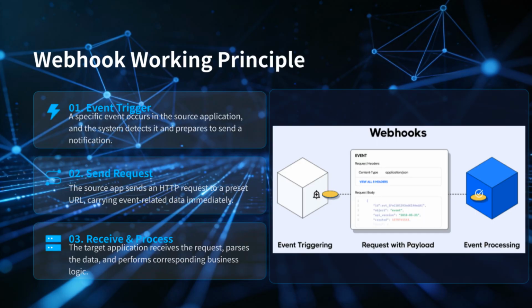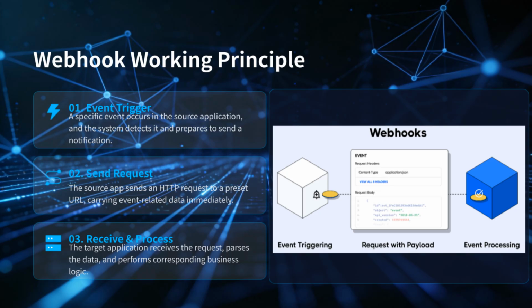How do webhooks work? It's a simple 3-step process, no fancy stuff, just straightforward automation. Event trigger. Something happens in the first app, such as a new form submission, a new order, or a new email. The app detects this event right away. Send request.